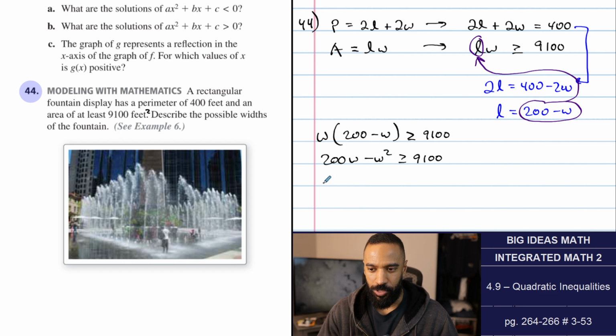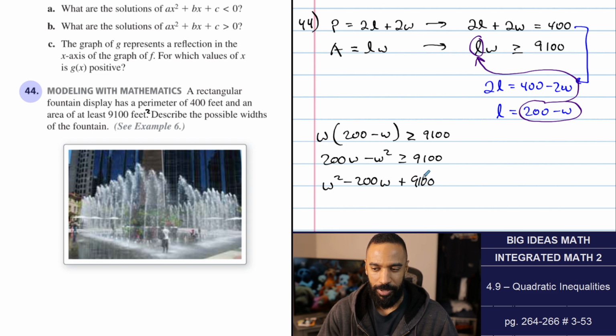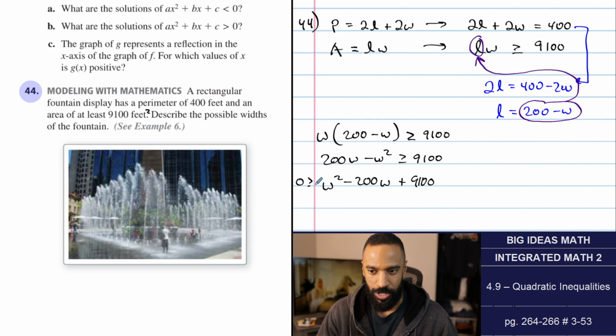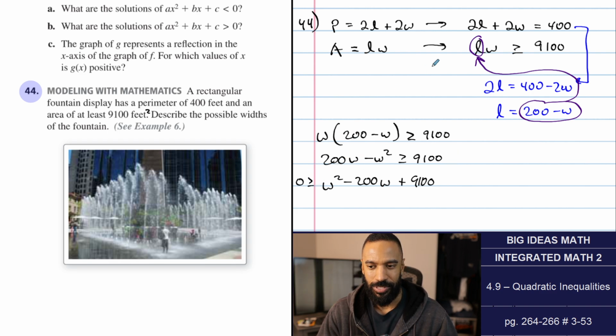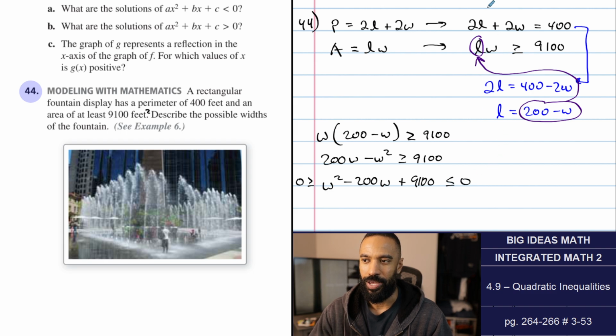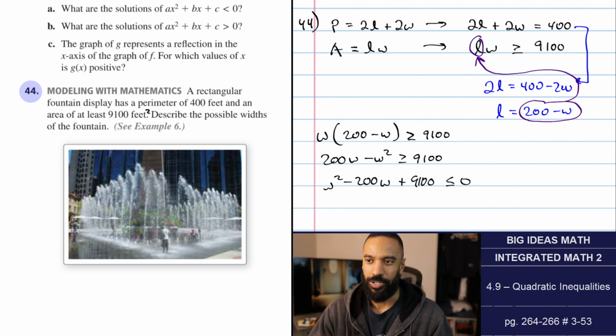I'm going to add W squared over, therefore subtract 200W over. Keep 9,100 positive. The problem here is you got to figure out which side of 0 it's on. That's what it should look like.